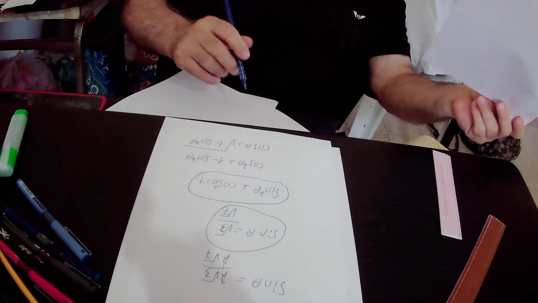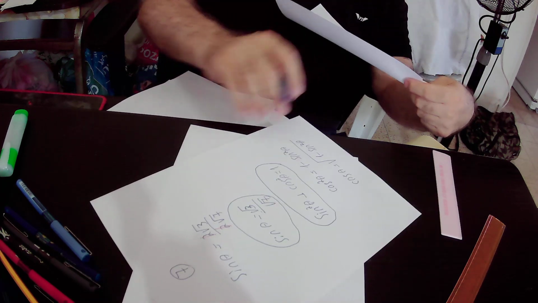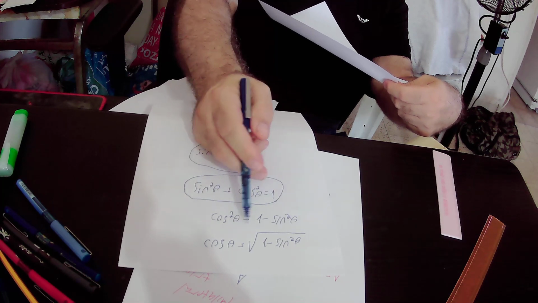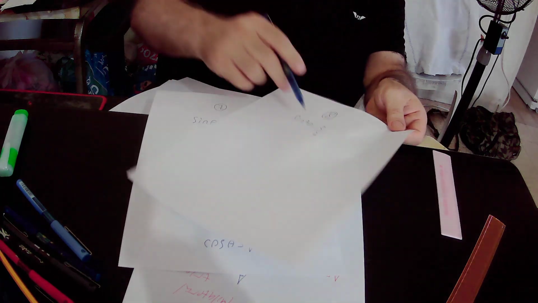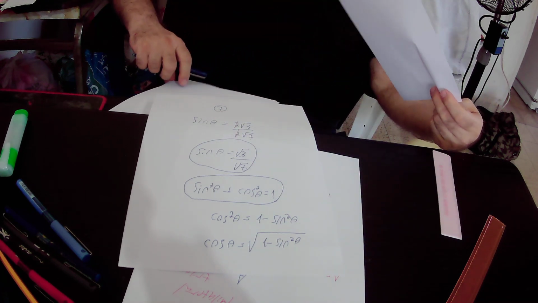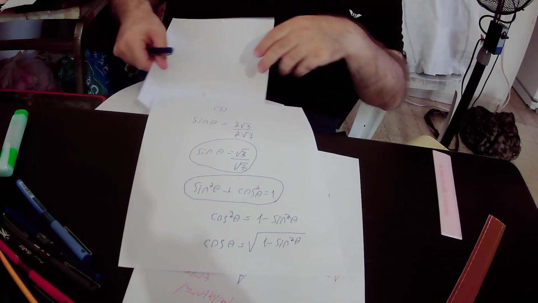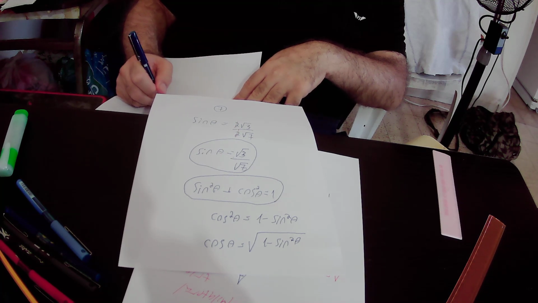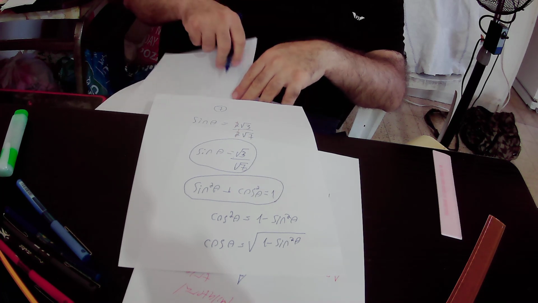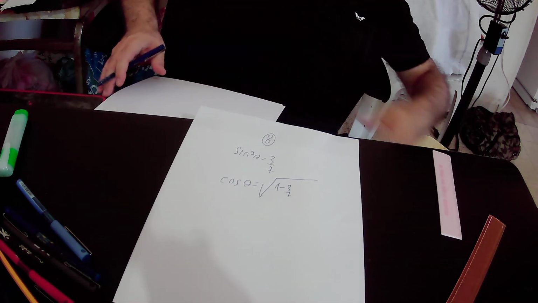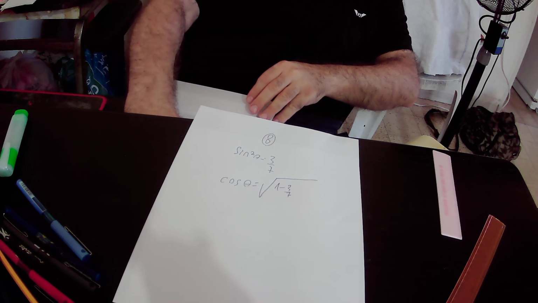So we can substitute sinus theta squared in this equality by 3 over 7, and we will get that cosinus theta equals the root of 1 minus 3 over 7.